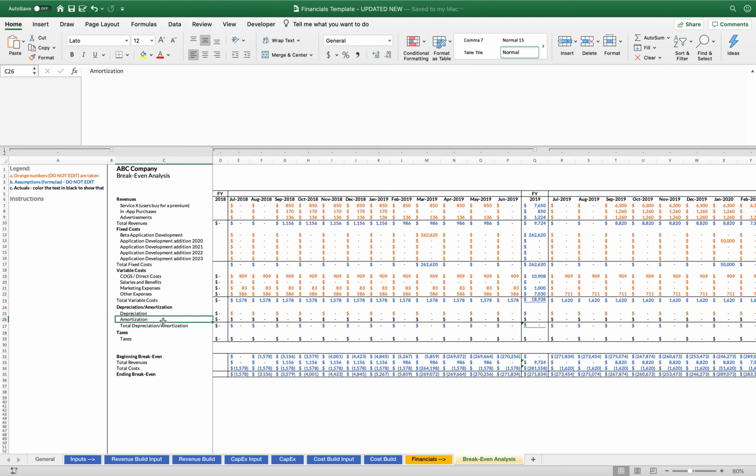We have depreciation and amortization. Depreciation is, as we discussed, the depreciating of a CapEx purchase. So something that depreciates, it could be over a 3-year period, basically through wear and tear, it's just losing its value. And amortization is similar.